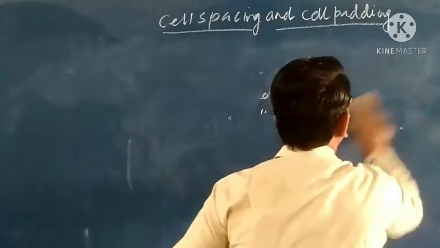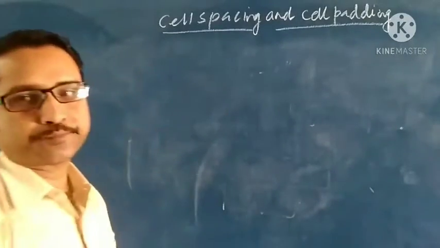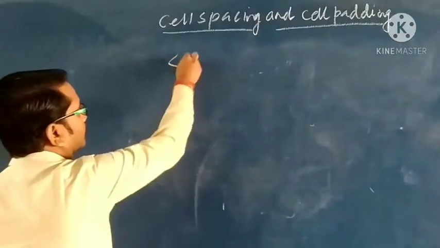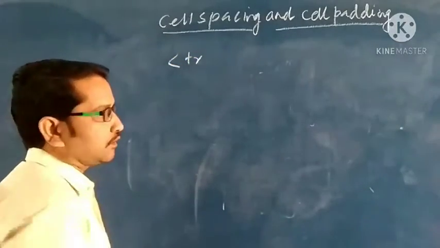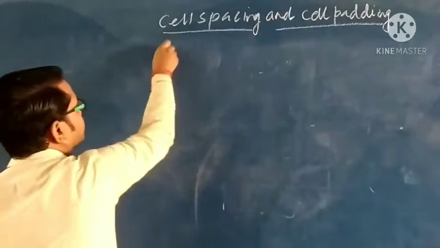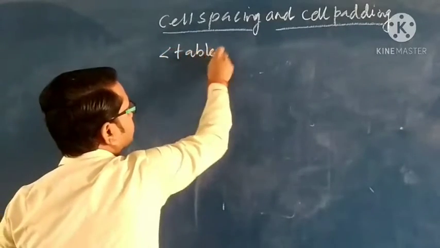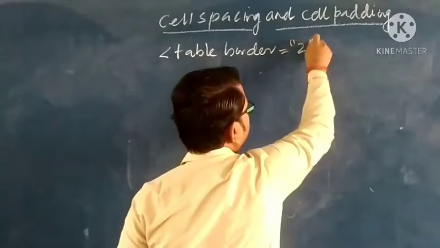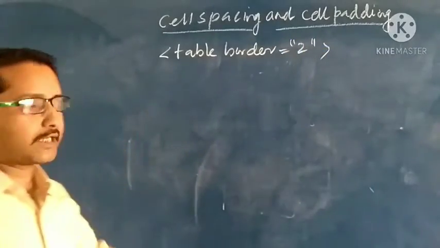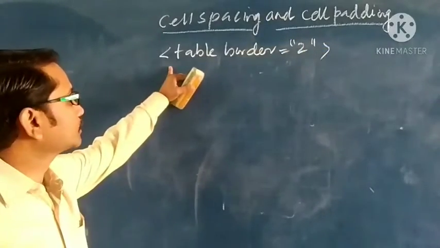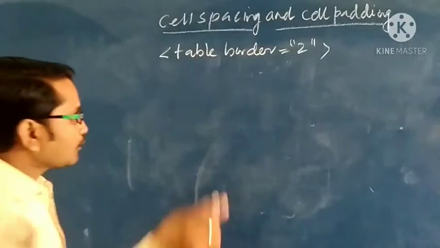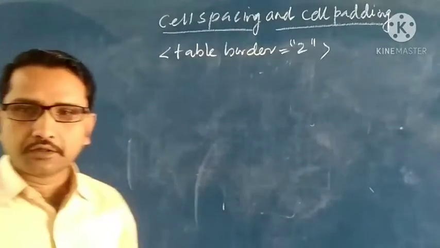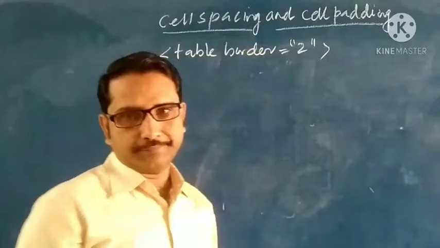We can use table row. I am writing the code like this: table border equals to 2. I want to give a row a single color.